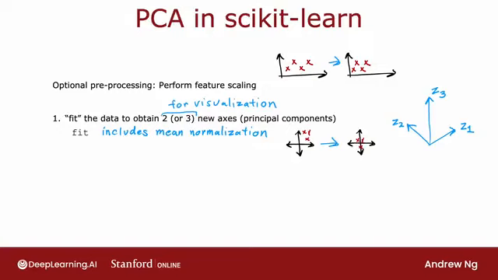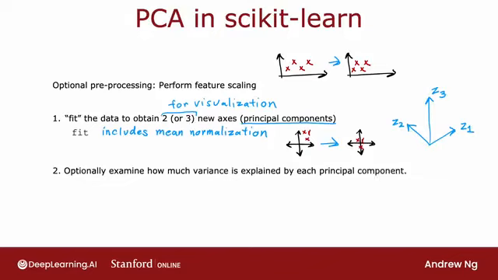And so after running the fit function, you would get the new axes, Z1, Z2, maybe Z3. And in PCA, we also call these the principal components, where Z1 is the first principal component, Z2 the second principal component, and Z3 the third principal component. After that, I would recommend taking a look at how much each of these new axes or each of these new principal components explains the variance in your data.